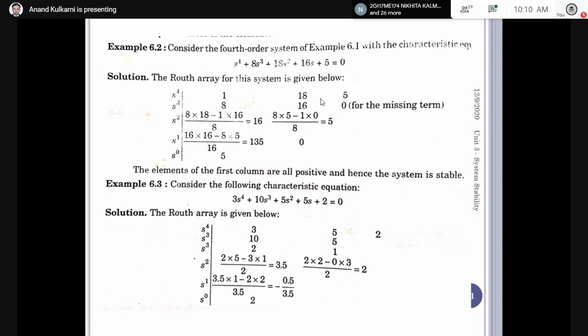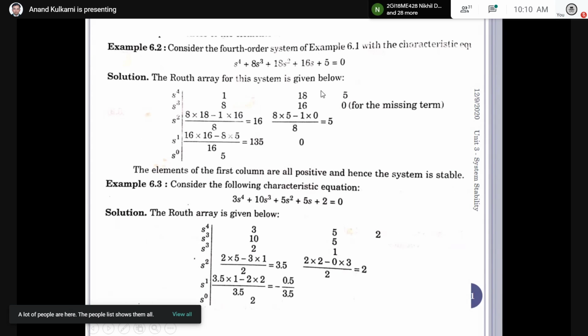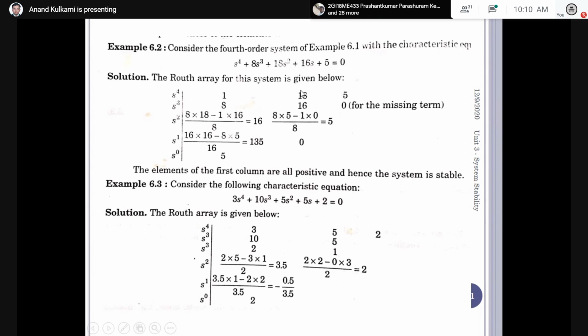If you do it like that, you can do the calculation very easily because the number size will decrease, and you can do it without a calculator also. Then to calculate the s square term now, this into this, 8 into 18 minus 1 into 16, cross multiply this, divided by the key element, that is the 8 has to be written from where you have started.